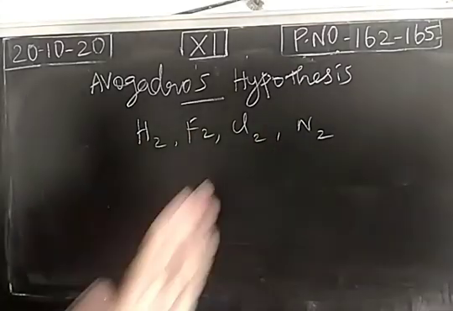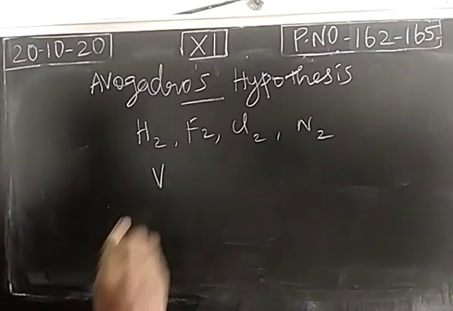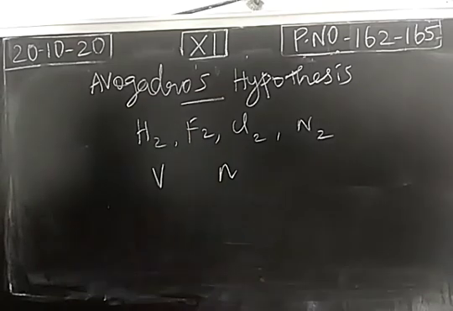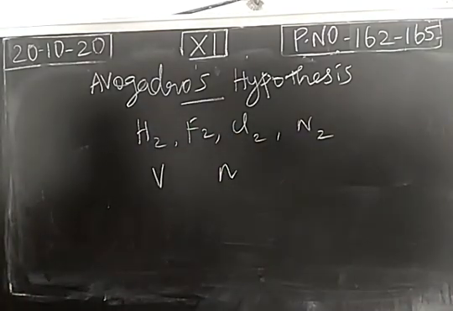When equal volumes are taken at constant temperature and pressure, the number of molecules will be the same. So this relates volume with number of moles, which is nothing but number of molecules.